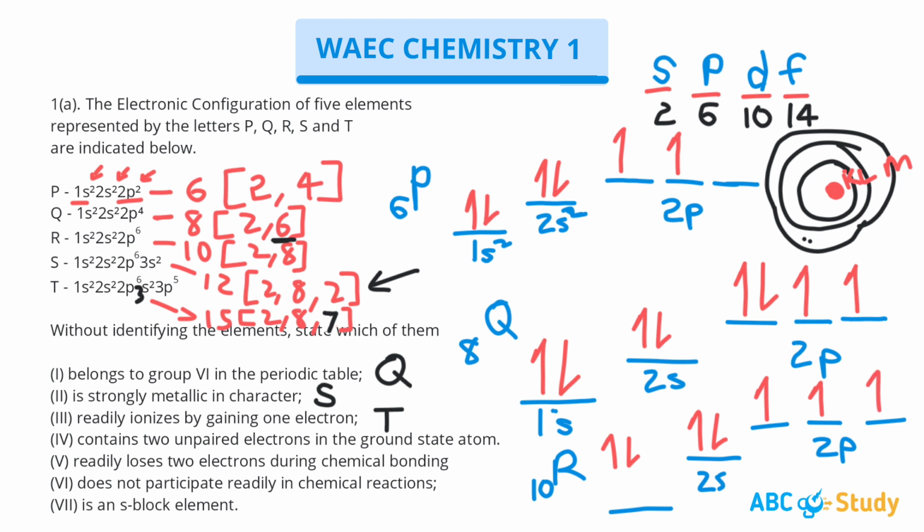Then you start to fill the opposite spin. The first one, the second one, then the third one, that's 6. This means all the electrons here are paired. To understand it very well, I would advise you to solve S and R and tell me the answer in the comment section. And you also need to understand this very part.